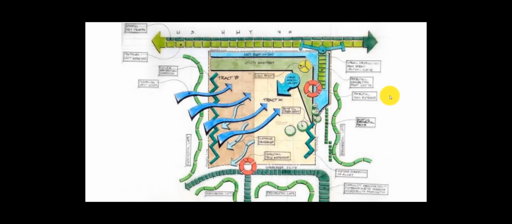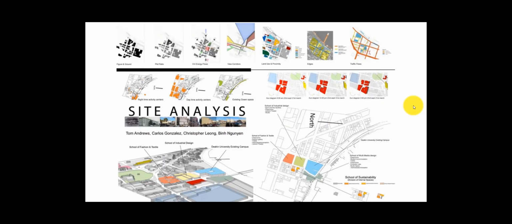Here's another example of the graphics that come with some of the visual representation of different views that are good views, bad views, high points and low points on the site. Sometimes they look a little bit more professional here if you're presenting the work in 3D or in aerial view.